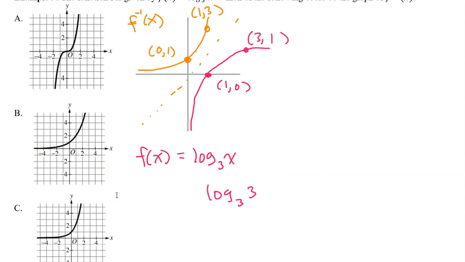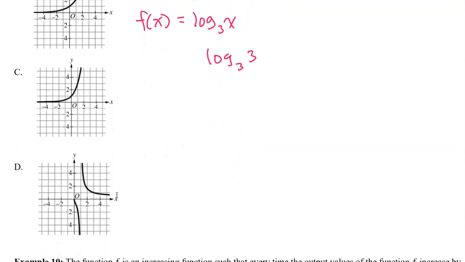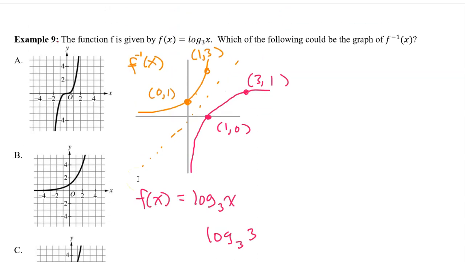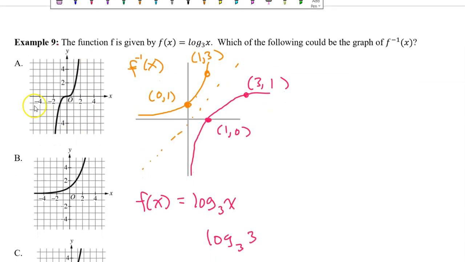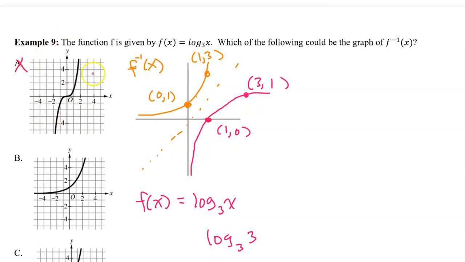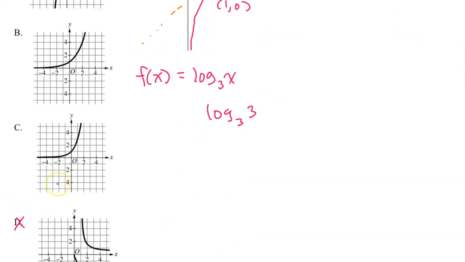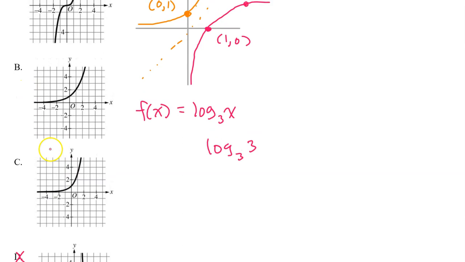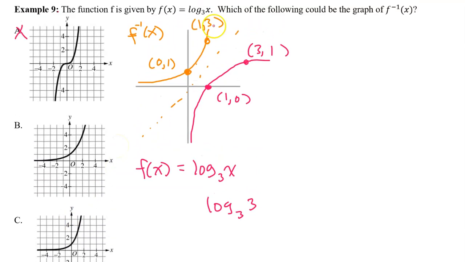Let's scroll through the options so you can take a look, scanning for the options that look exponential. So I think you can see that we have narrowed it down to either B or C. A is clearly not an exponential graph, neither is D. So between B and C, we can use the fact that the point (1, 3) is on the correct graph.